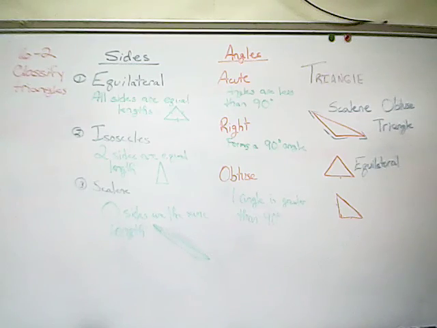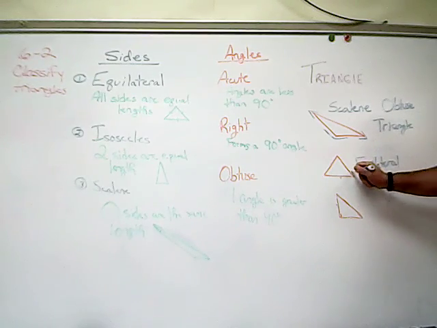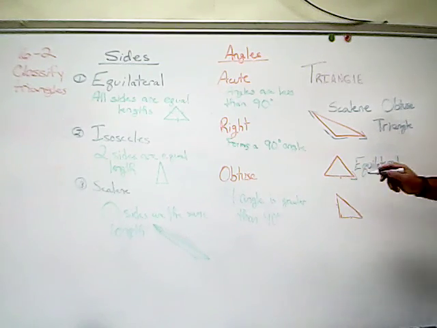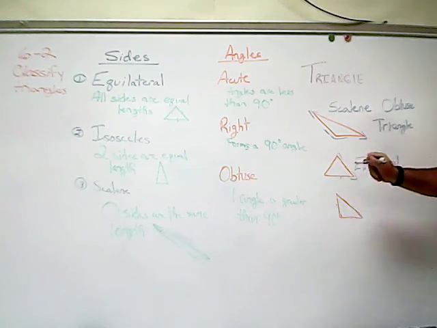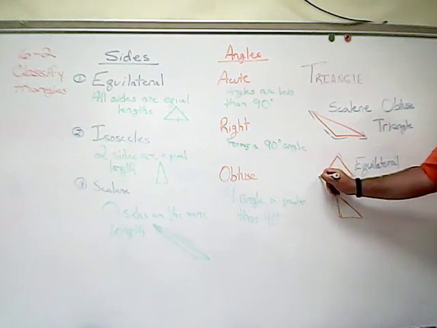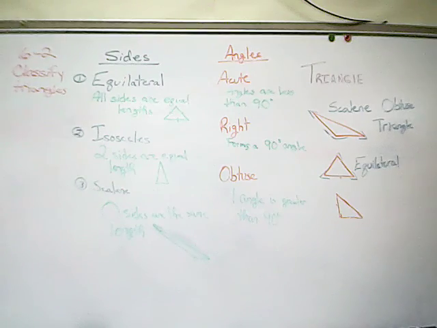I'm then going to look at all the angles. Well, I see that this is less than 90 degrees, an acute angle. This is an acute angle here, and this too is an acute angle. So what I have here is an equilateral, acute triangle.